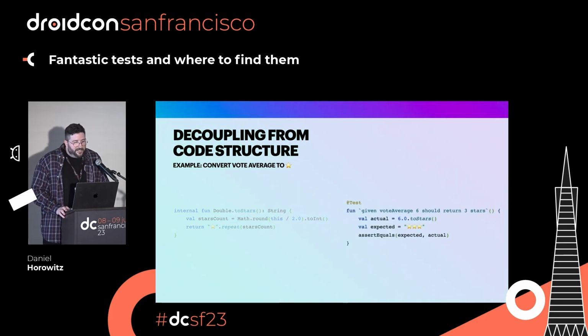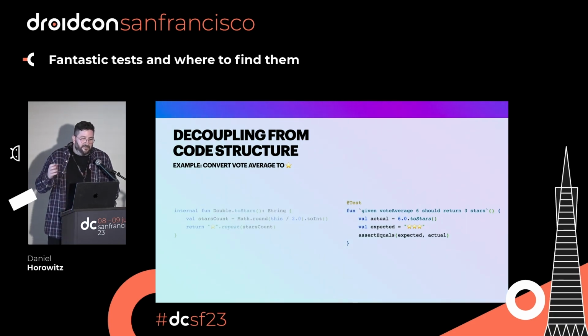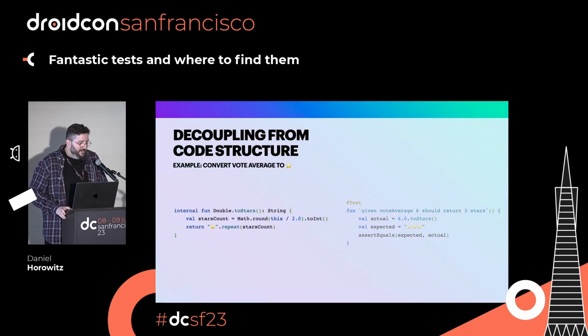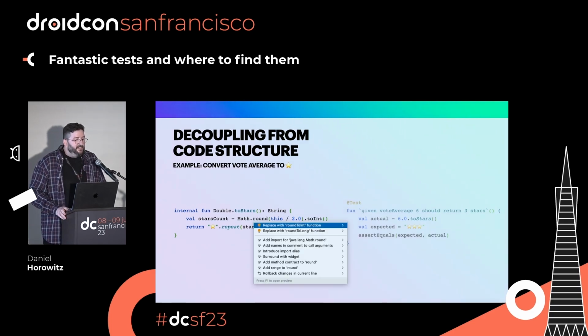After that, you write a test, and you say, okay, given the vote average is 6, you should return 3 stars. And then this test passes, right? But while you were writing the function, you saw in the IDE that it tells you that you shouldn't do math round, you should do round to int.